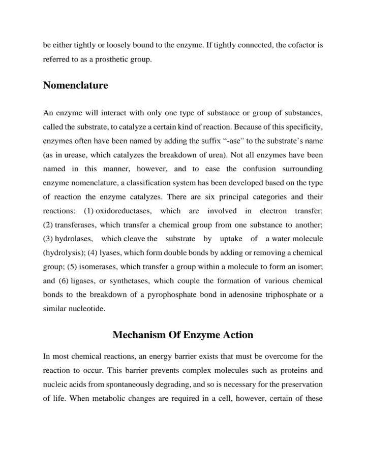Third is hydrolase, which means hydrolysis, cleaving the substrate by uptake of a water molecule. Fourth is lyase, which forms double bonds by adding or removing a chemical group. Fifth is isomerase, which transfers a group within a molecule to form an isomer.